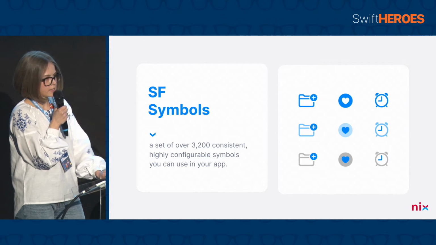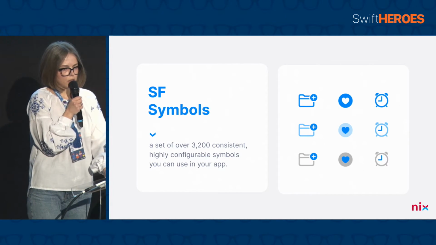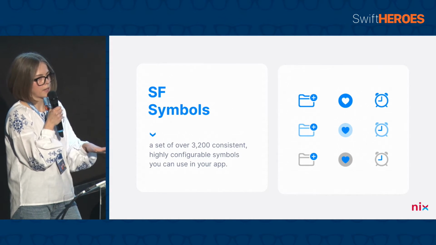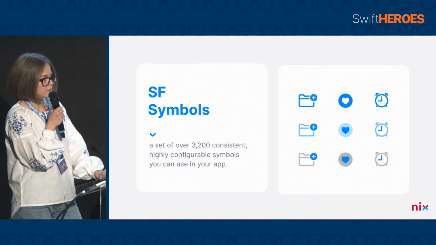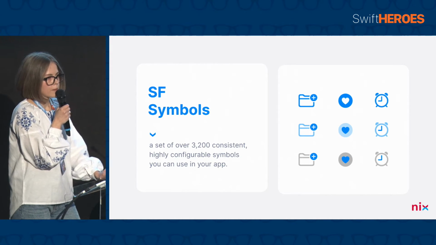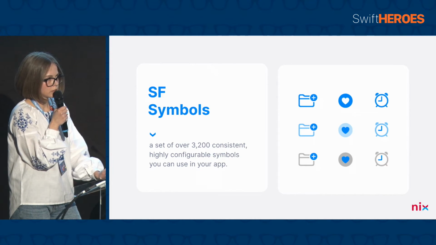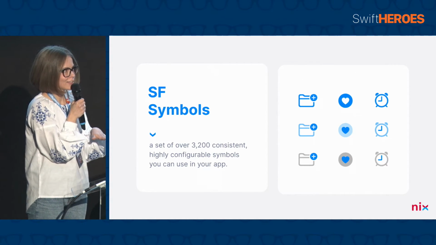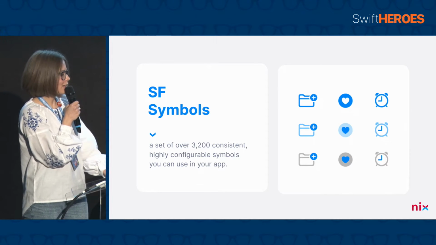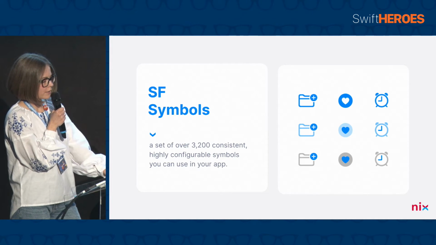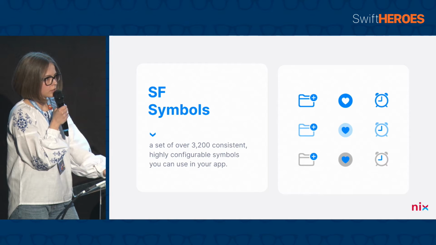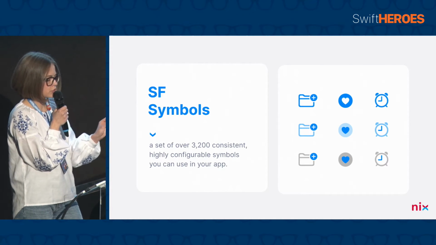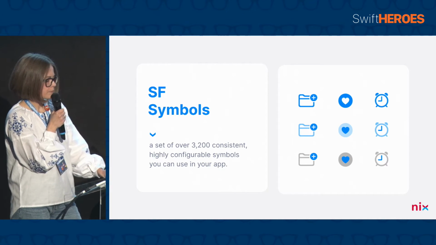And it could be easily achieved by using SF Symbols. It's a native package that contains more than 3,000 icons, which are highly configurable. I think for any event in your app, you can find icons there, and then you can configure them the way you want: scale, weight of lines, color of each part of the symbol.